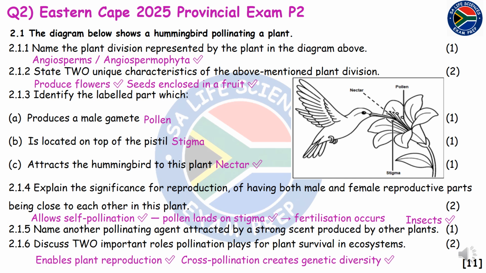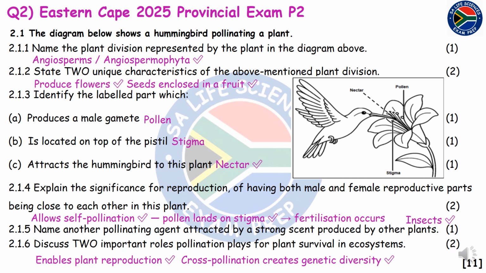2.1.2, state two unique characteristics of the above mentioned plant division. So, the word unique is our keyword. When you are asked to name characteristics that are unique, this means that the characteristics that you list cannot be found in a different plant division. So, what is it that angiosperms have that other divisions don't? They produce flowers.